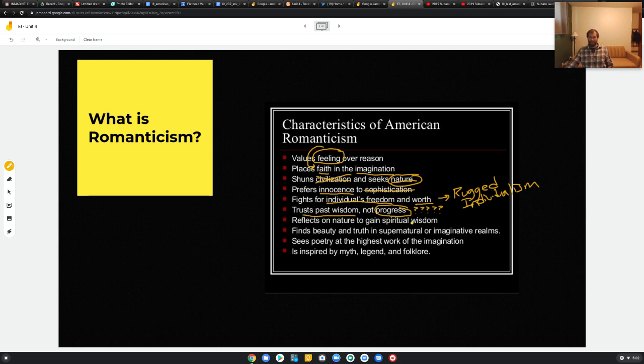Reflects on nature to gain spiritual wisdom. So, this gets back to that earlier notion. This is a very important piece for us in this course, nature as spiritual wisdom. So, the Romantics will view all of nature as God's most perfect creation.